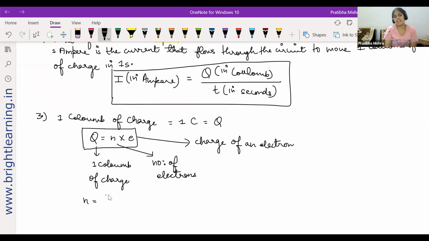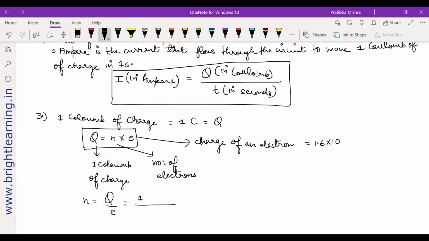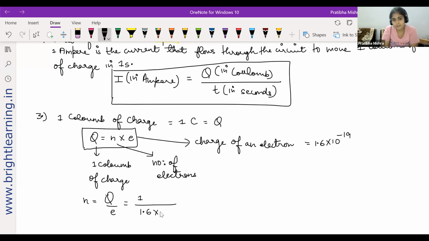Q by E. So what is Q? It's just 1. What is the charge of an electron? 1.6 into 10 to the power, plus 19 or minus? Minus, right? Very good.